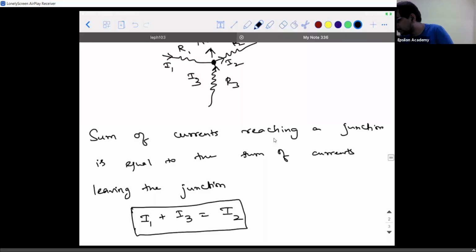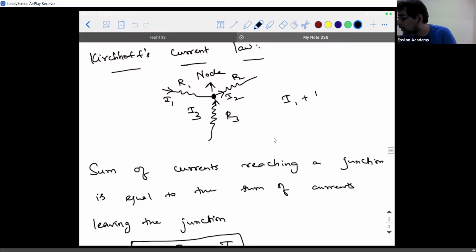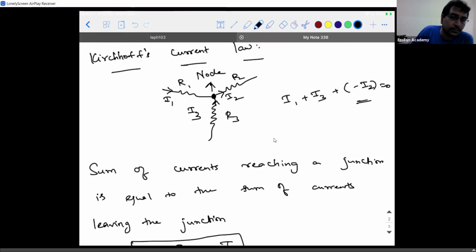So, can I say I1 plus I3 plus minus I2 is equal to 0? Did you guys understand what I wrote? This is what is meant by algebraic sum. So I took I1 and I3 as positive, that is towards the junction as positive, then the one that is leaving the junction will be negative.